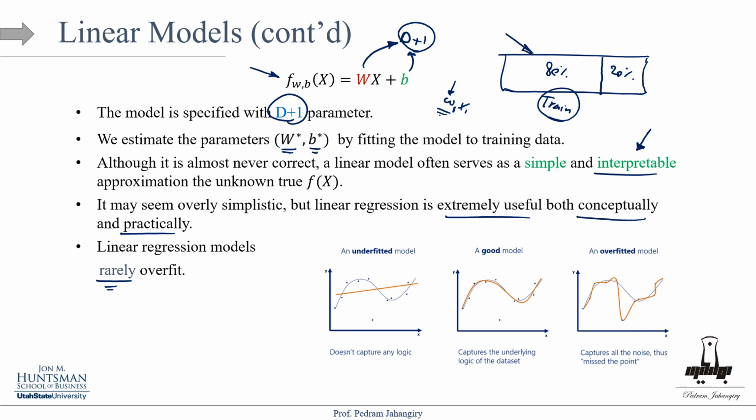So look at this example. Imagine this blue curve is the true relationship. If you use a linear regression model with a linear fit, right? This orange line is our linear fit.